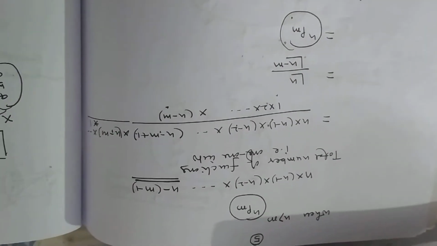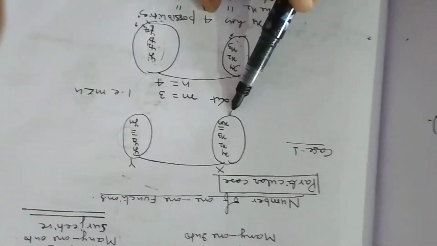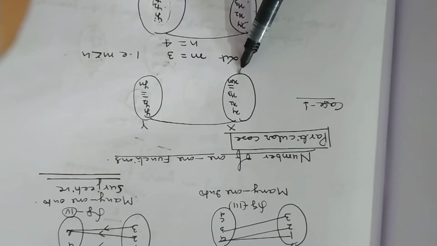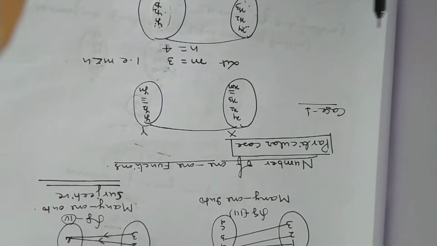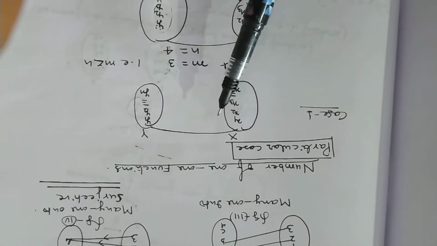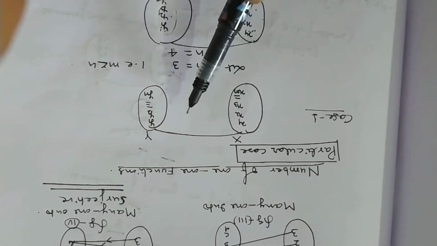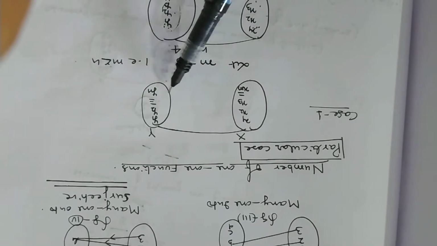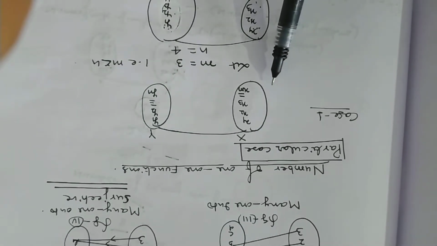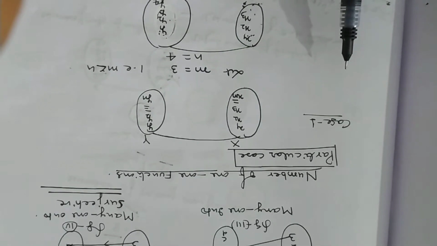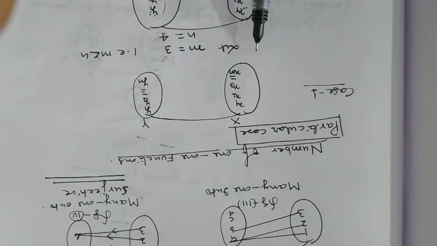We observe that there are n elements in domain and m elements in codomain, and n is greater than m.